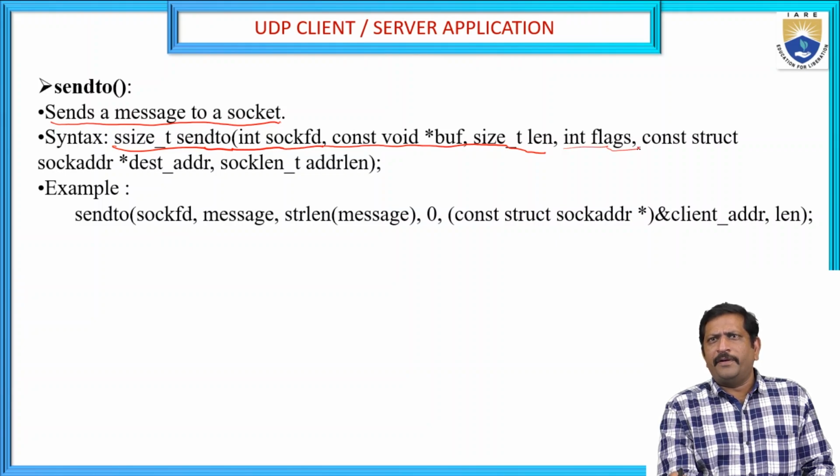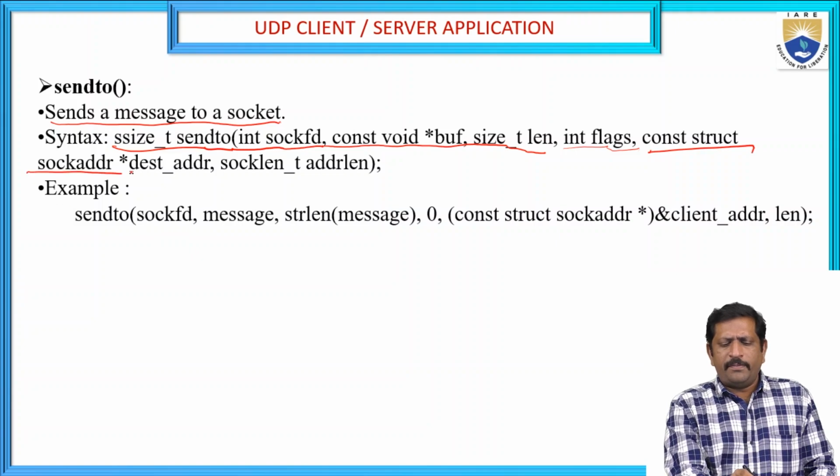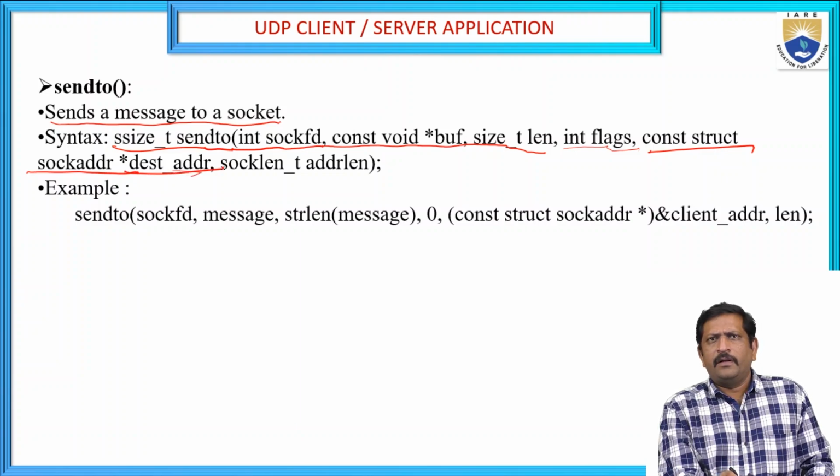The flag bits are 0 or 1. If it is 0, generally we are utilizing UDP as the protocol. And the const struct sockaddr is the structure type pointing to the destination address, whatever the destination host is, and then the address length.